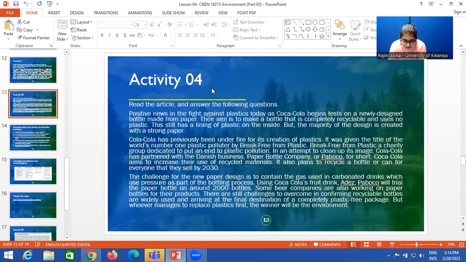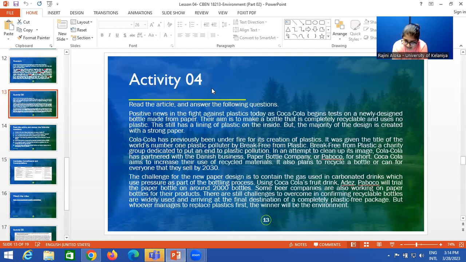The challenge for the new paper design is to contain the gas used in carbonated drinks, which use pressure as part of the bottling process. Using Coca-Cola fruit drink, Adez Tobacco will trial the paper bottle on around 2,000 bottles.